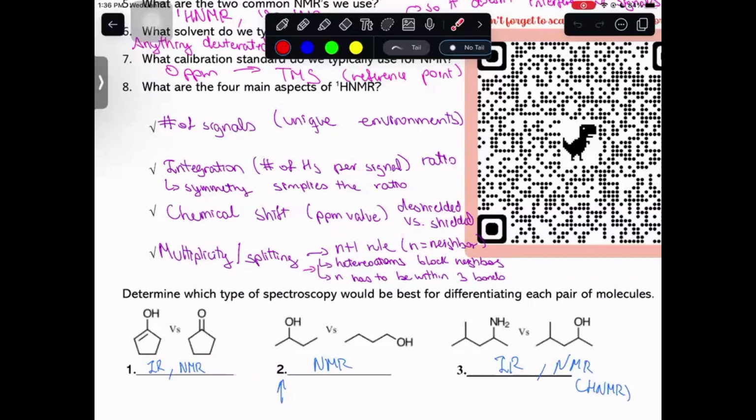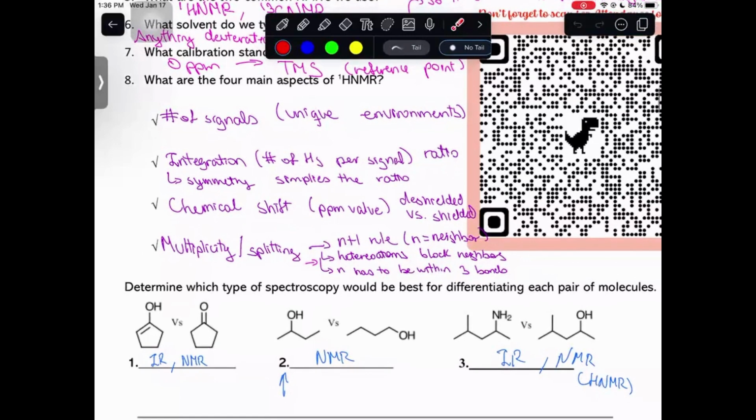The chemical shift is going to be different numbers, but that aspect is going to be there. It's just going to be a different range of numbers. So no multiplicity or splitting. What other aspect is not going to be on CNMR? There's no integration at all. So the only aspects that you're going to find in CNMR are just number of signals and chemical shift.